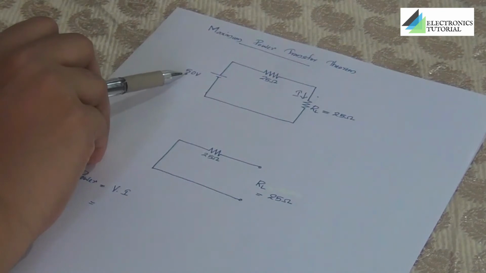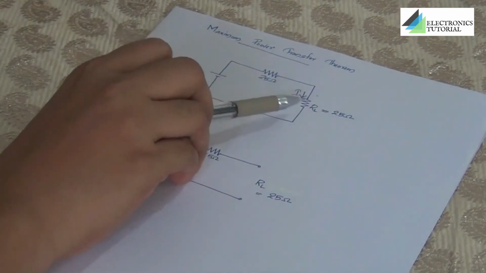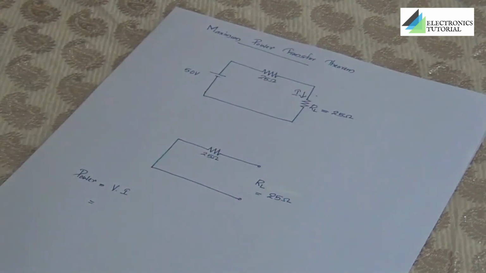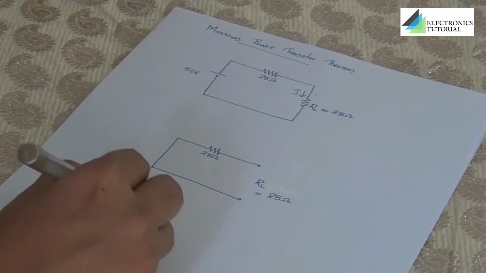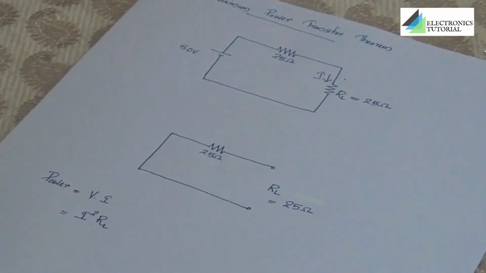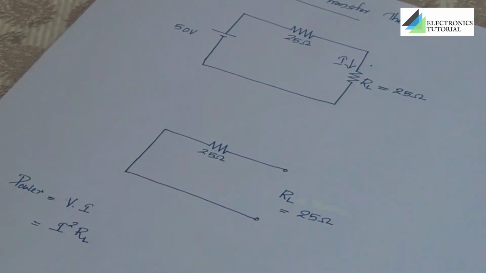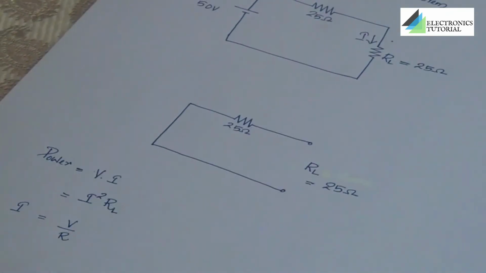The current emerges from this voltage source and flows through these series resistors. If we can find the value of current flowing through this resistor, we can use another expression instead of V into I. Power is equal to I square R. In this case, R can be written as RL.